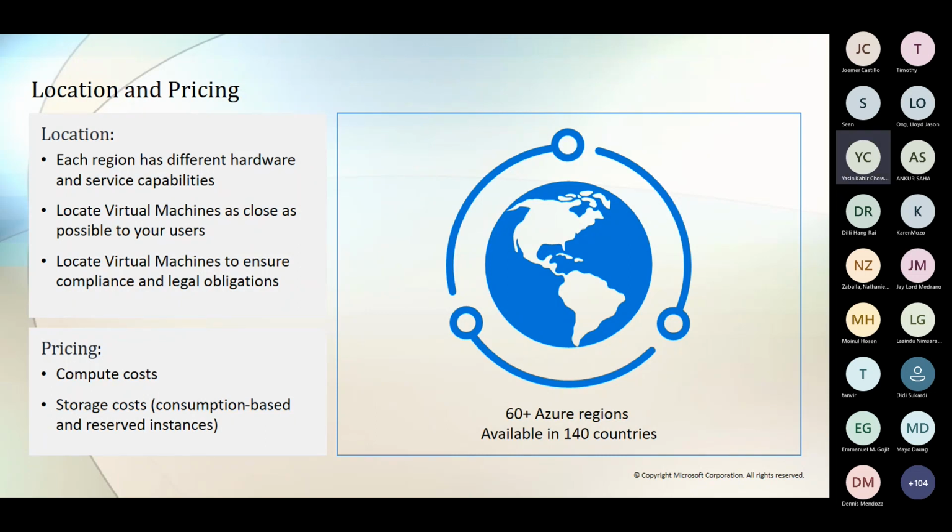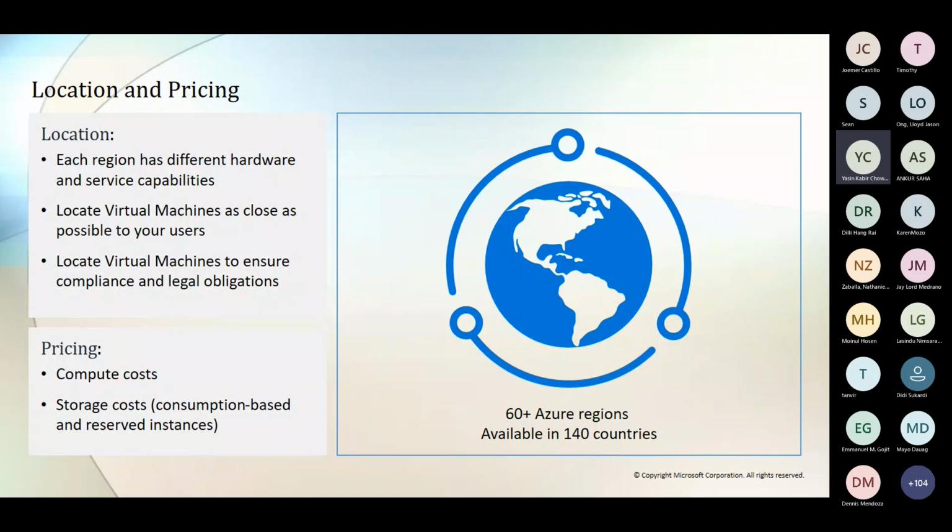Pricing, compute cost. You have to calculate the cost, because different regions cost differently. Storage cost, consumption based and reserved instances. For storage, there are two types of cost that will be imposed.